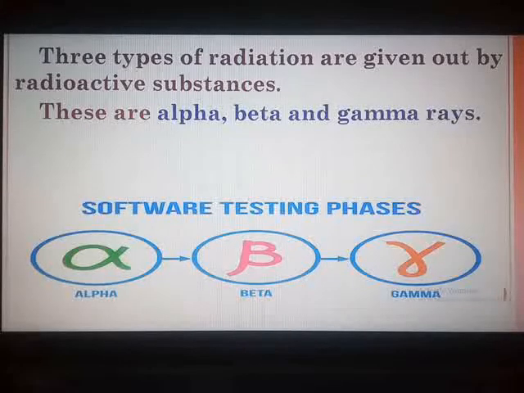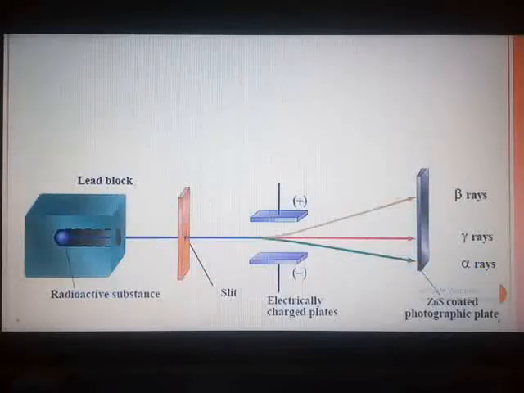nature of radioactive radiation. Just now I have told you that these radioactive substances spontaneously emit high energy radiation. So about its nature we are going to study in our next topic with the help of a small experimental setup. Now, before we move towards this experiment, I would just like to introduce you to some of the facts.